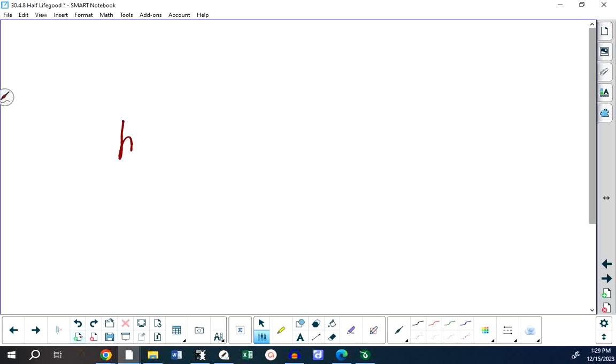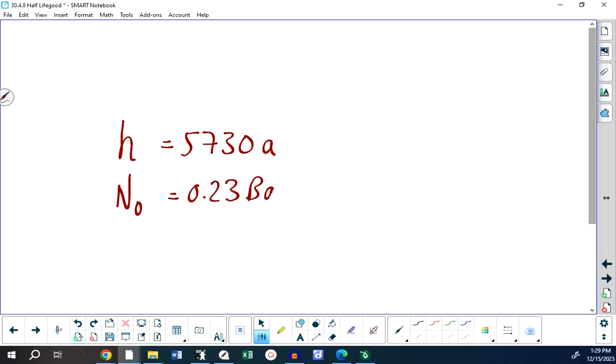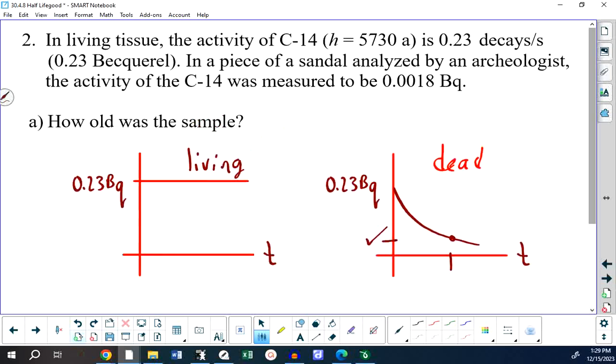The half-life of carbon-14 is 5730 years. The initial activity is 0.23 becquerel. The activity of the sample at a later point in time is 0.0018.